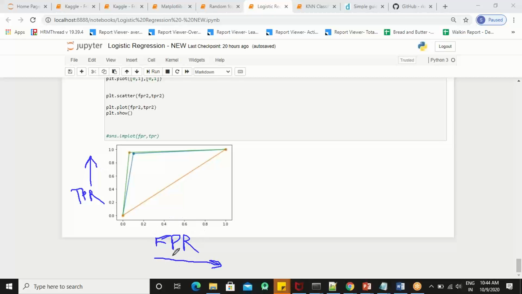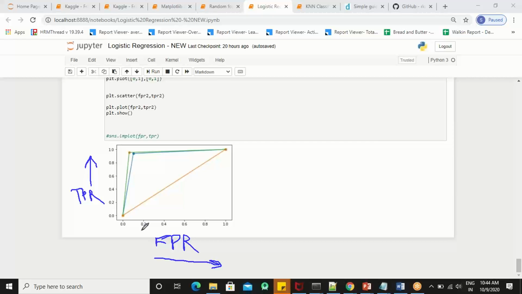For that, we have to understand what FPR and TPR are. But first of all, let's focus on what this chart talks about. The ROC chart tells you the relation between your FPRs and TPRs. Like if your false positive rates are increasing, are your true positive rates increasing or not.